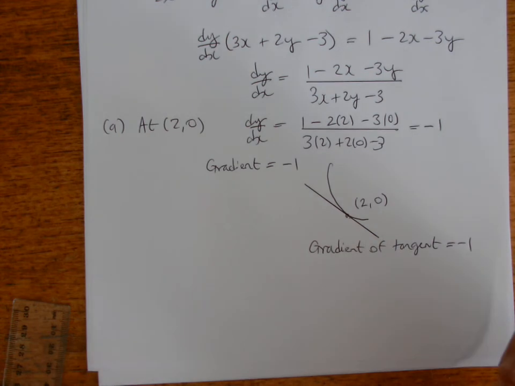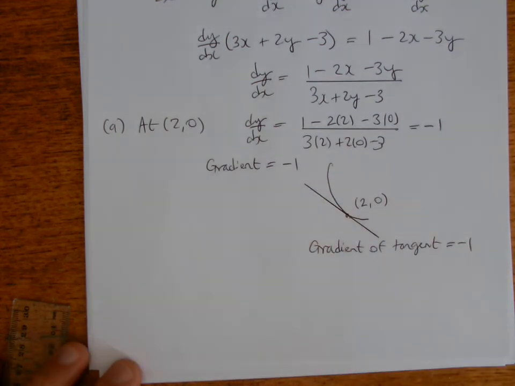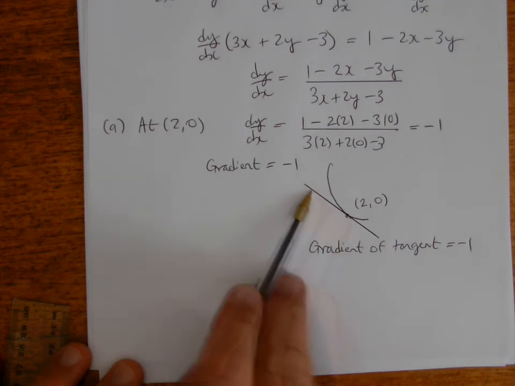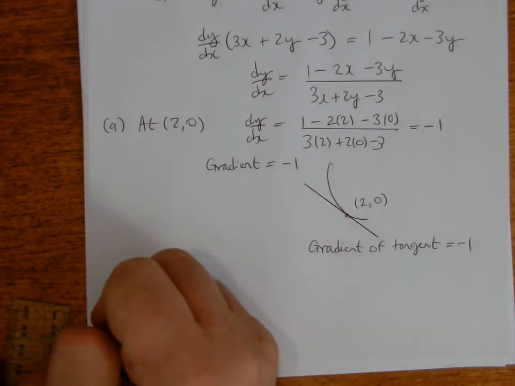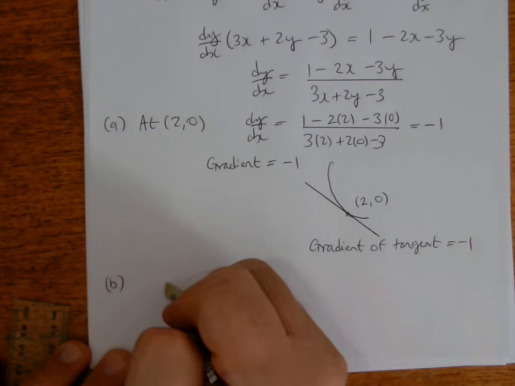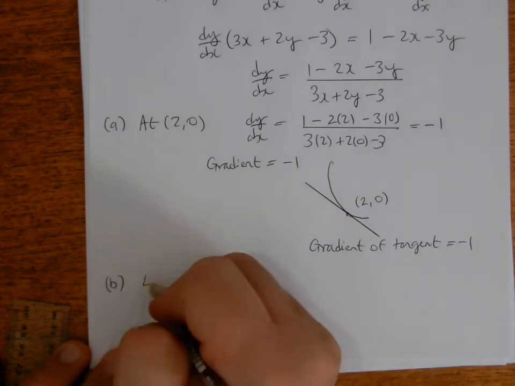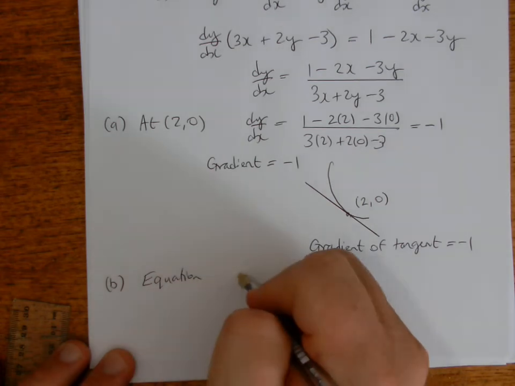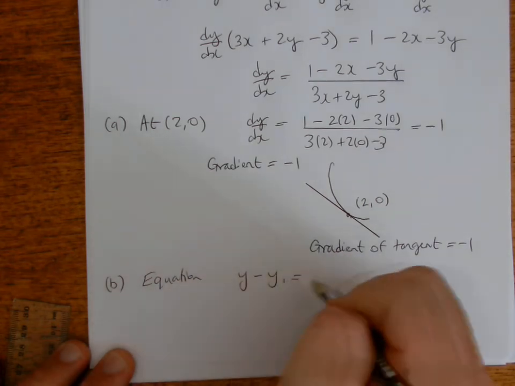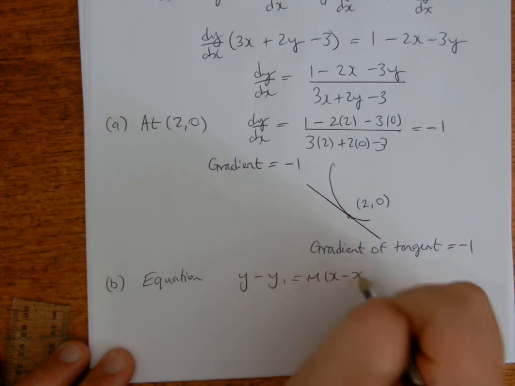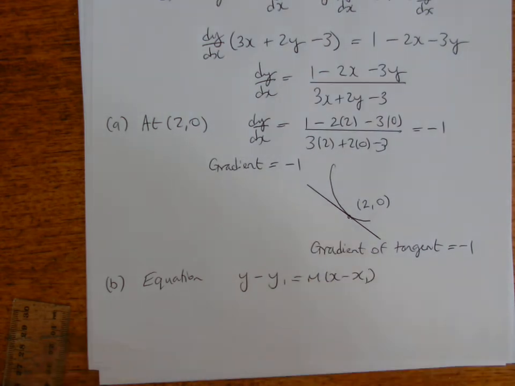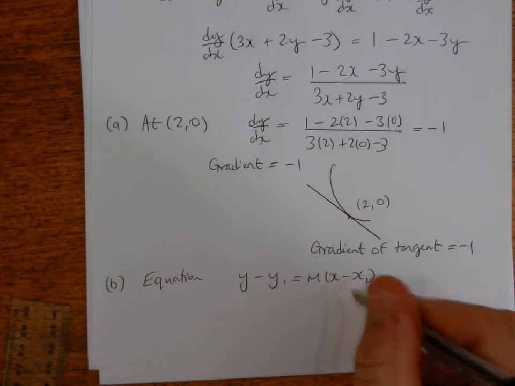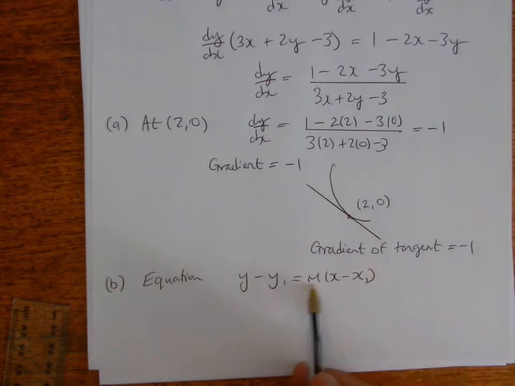That's going to help me with B, because in B it says find the equation of the tangent at that point. So we need to find the equation of this tangent that I've drawn here. Now, if you recall the equation formula that we learnt in AS, y minus y1 equals m(x minus x1). For the equation formula you need the gradient, which is m, and you need a point.